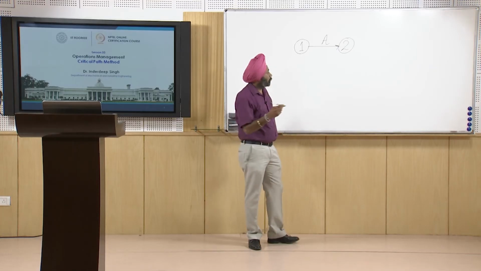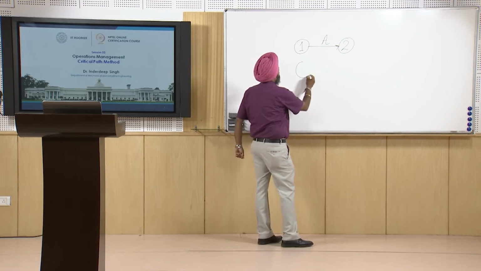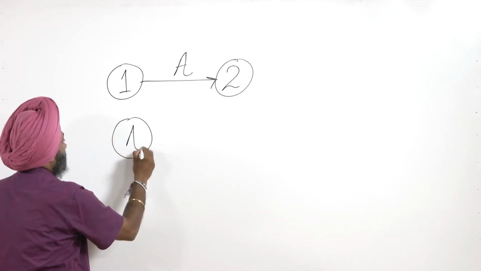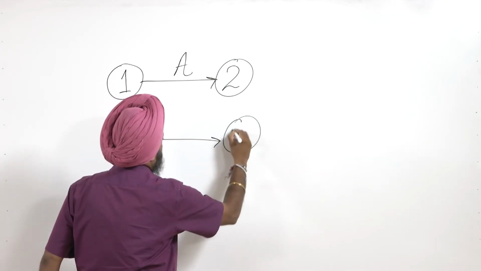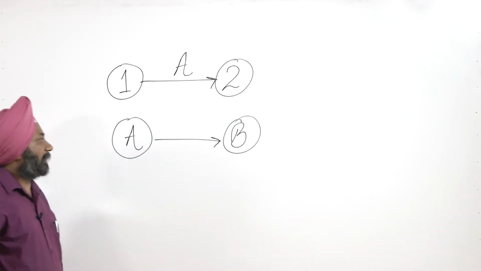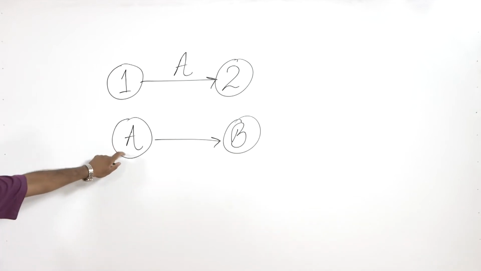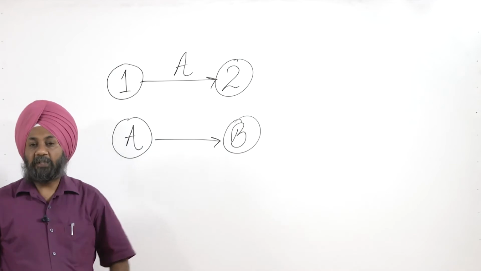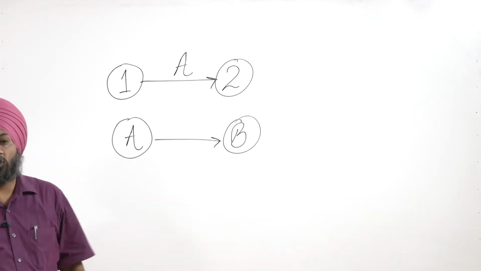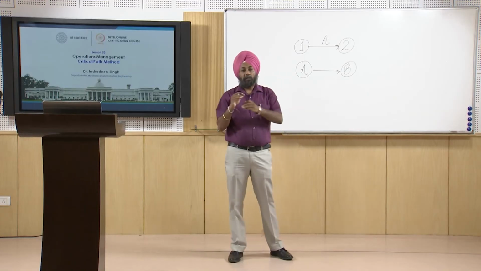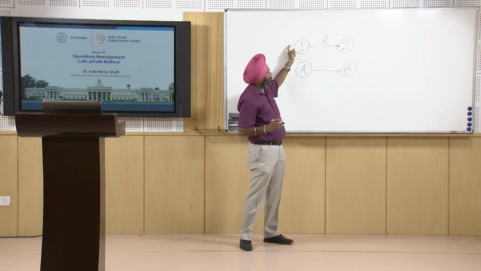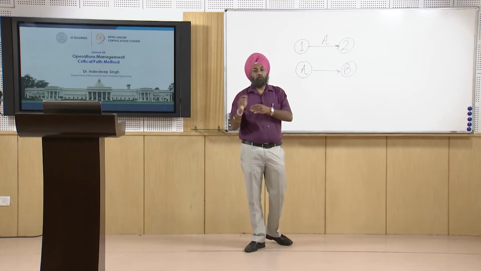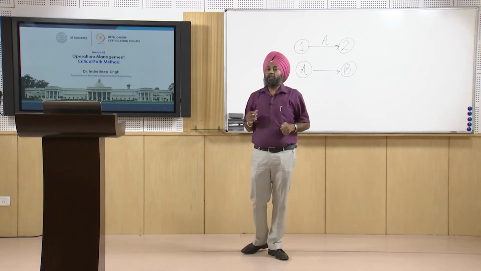There are other types of networks in which we represent the activity on the node itself. So here activity A is at this node and activity B is here, and this type of network is called activity on node, or AON. The other type is AOA, activity on arrow.